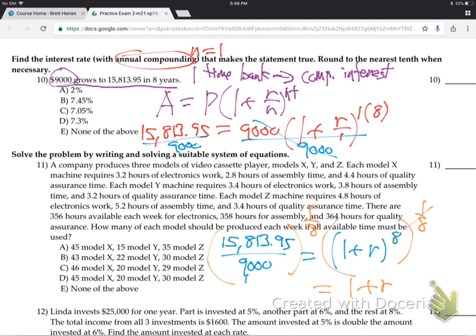You get 1 plus r equals that, and then you subtract the 1 from both sides. So it's 15,813.95 over 9,000 to the 1/8, minus 1. Type that into your calculator and you should get the answer D, 7.3%. Keep moving.